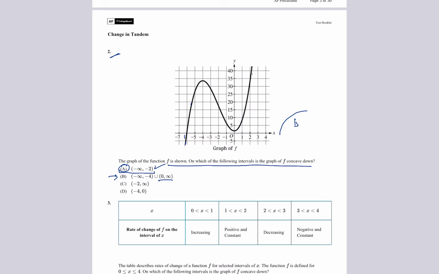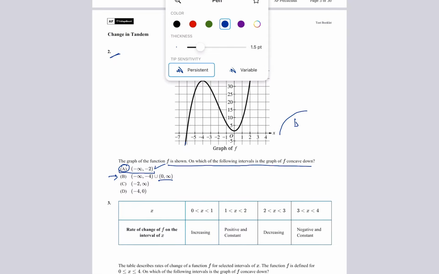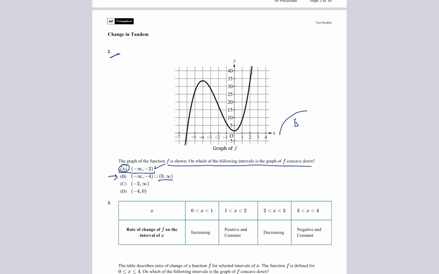Now, when we change colors, that might actually help me trace answers a bit more. Okay, B's out. What about D? Negative 2 to infinity has a concavity which is upwards, so that's out as well. What about negative 4 to 0?